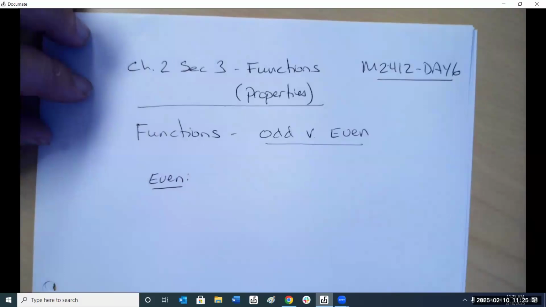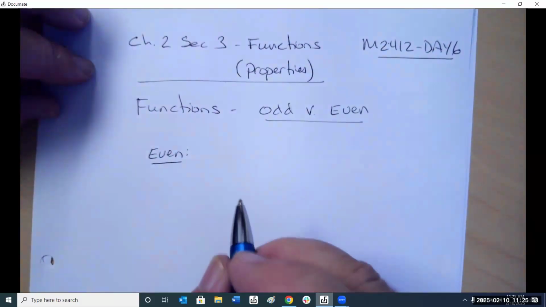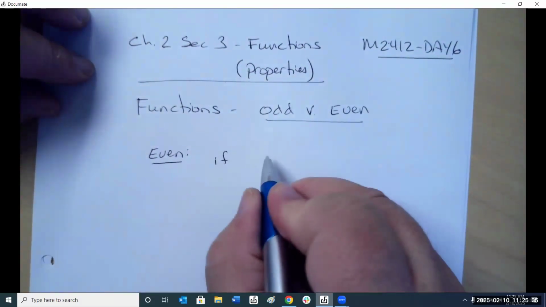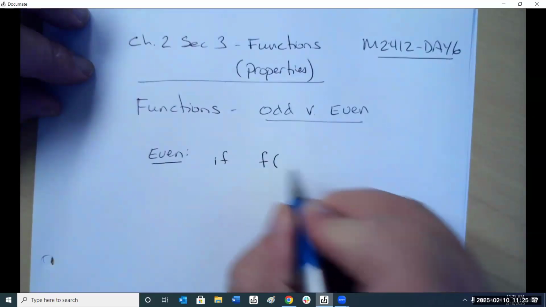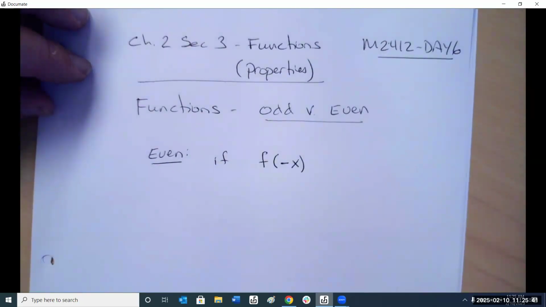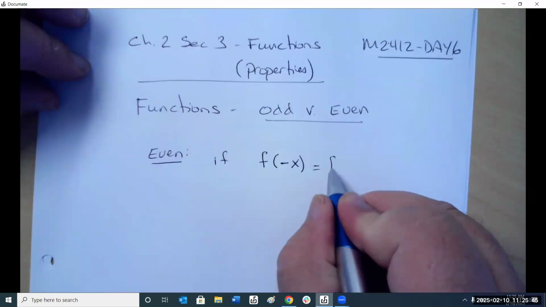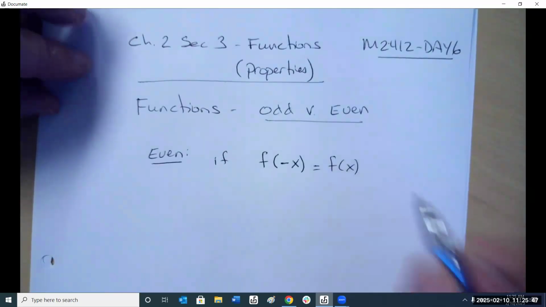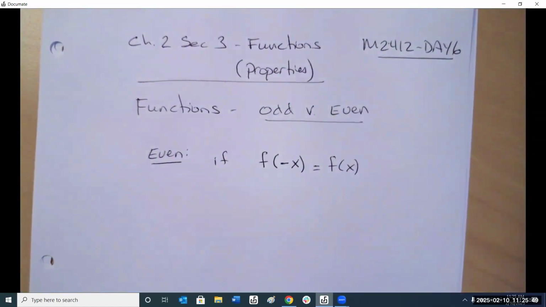A function is even if I change the value of x from positive x to negative x and it doesn't change the function at all. That's when we know it's even. And I'm going to show you a shortcut so we don't have to go through all the long drawn out steps that they're saying.